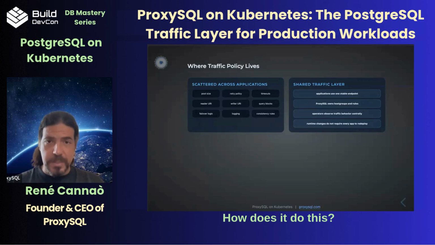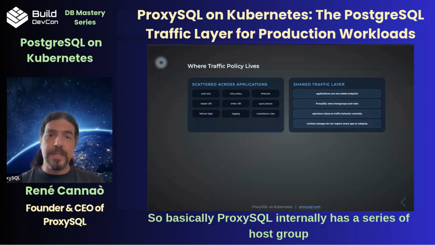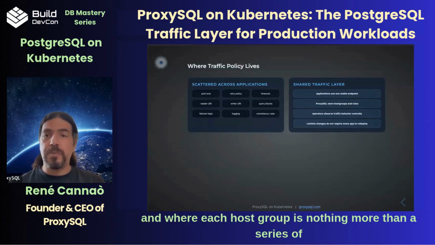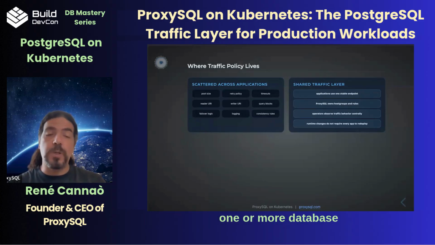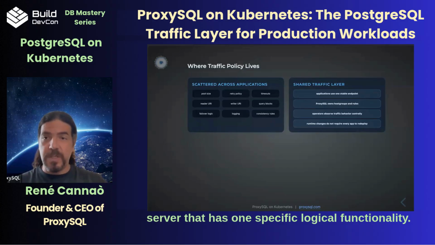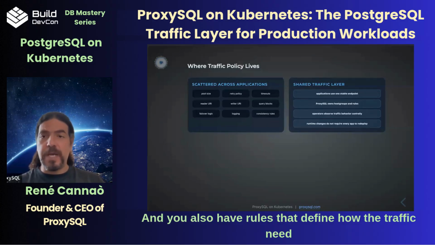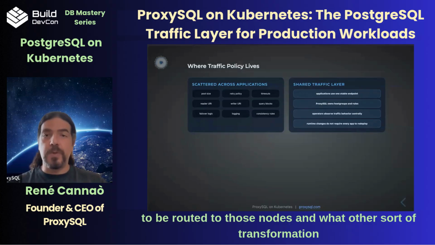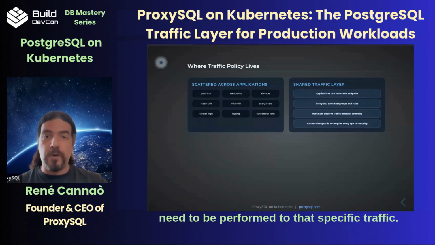How does it do this? Basically, ProxySQL internally has a series of host groups, where each host group is nothing more than a series of one or more database servers that have one specific logical functionality. You also have rules that define how the traffic needs to be routed to those nodes and what other sort of transformation needs to be performed on that specific traffic.